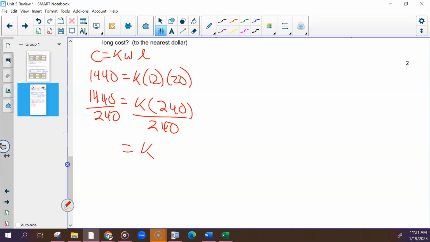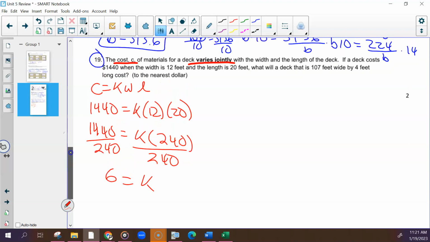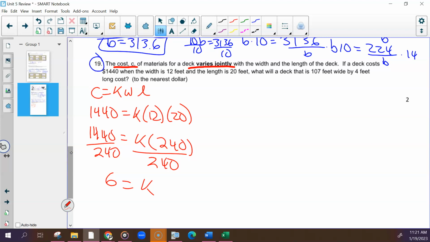What is our K value? 6. Okay, so then you would look at the next piece. We can put 6 in. That is an L, by the way. And it's asking, what will a deck that is 107 feet wide by 4 feet long cost?